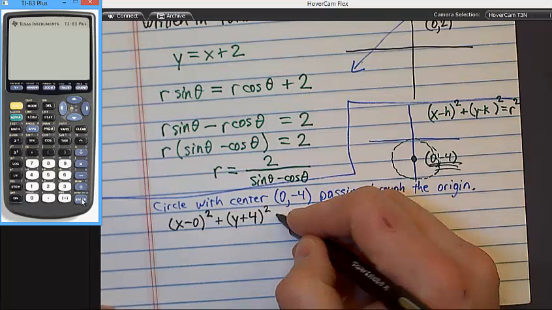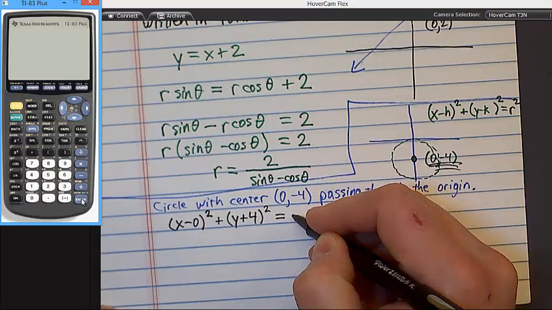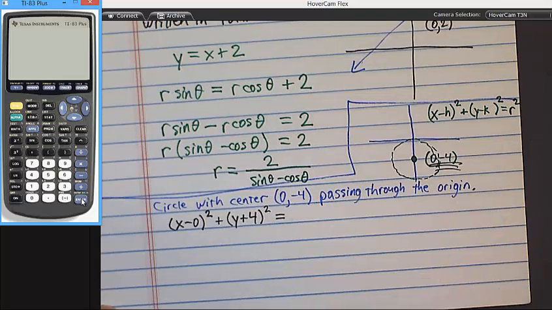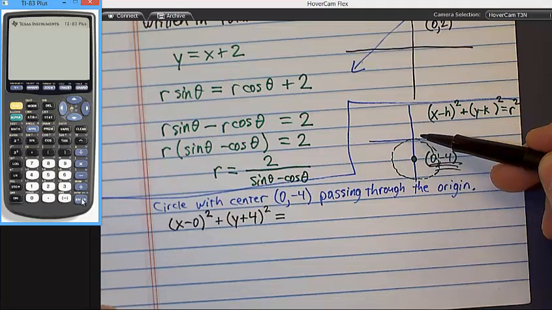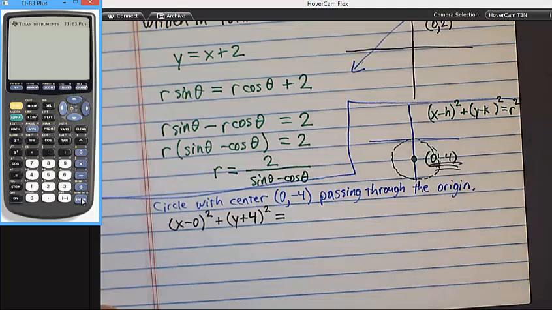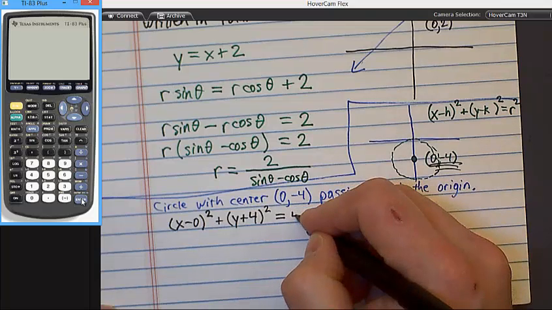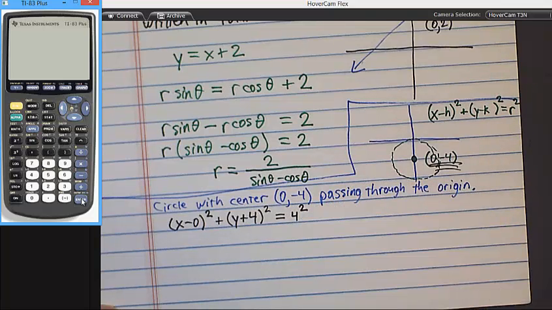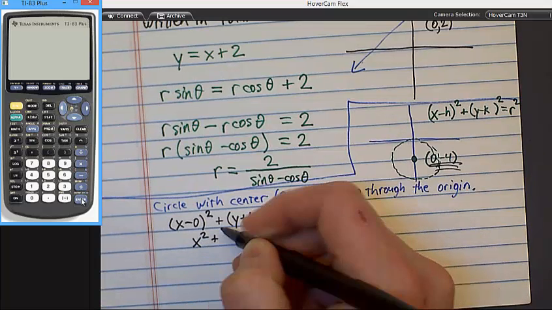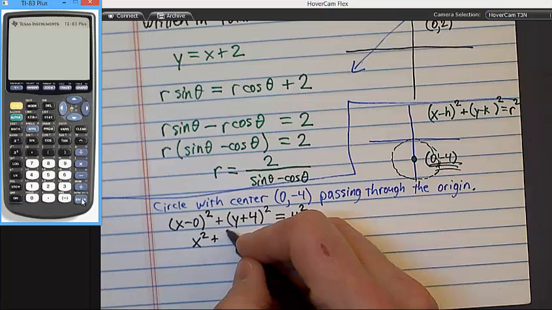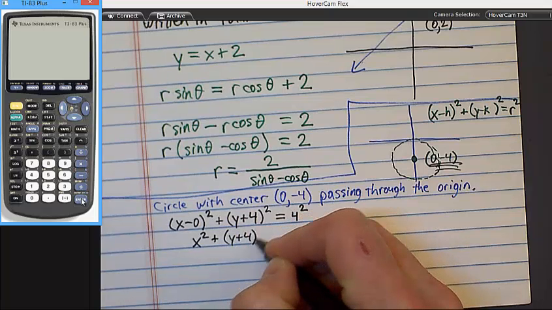And now I guess what else I need is r squared. Do we know the radius? Yes. What's the radius? It's 4. Because it's centered at 0, -4, and it goes through the origin. Now sometimes you might have to use the distance formula to find the radius or something. But it's definitely going to be 4 squared. So my equation in rectangular coordinates is x squared plus y plus 4 squared equals 16.